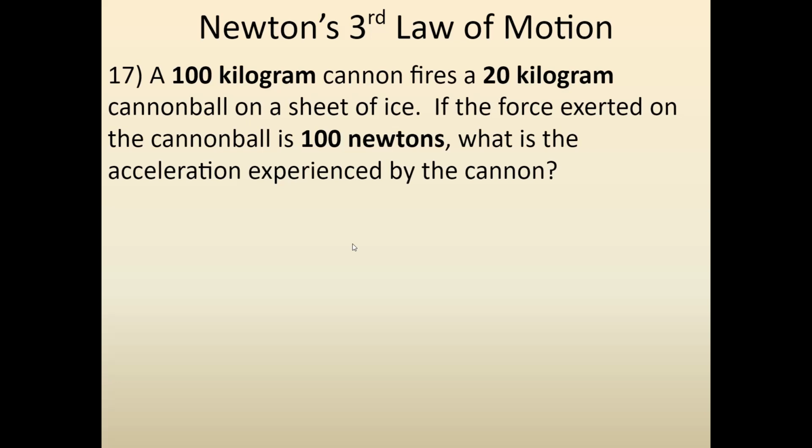And you might think, well, we don't have enough information for this, because Newton's second law, which relates force and acceleration, requires me to know what the force is on the cannon. But using Newton's third law, we can say that since the cannonball experiences 100 newtons, the cannon experiences that same 100 newtons. So plug the two numbers in, and we get an acceleration of 1 meter per second squared.